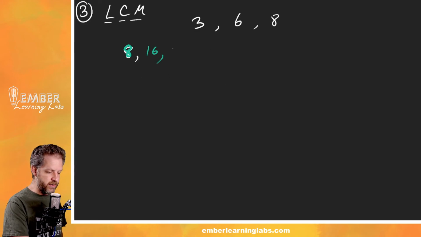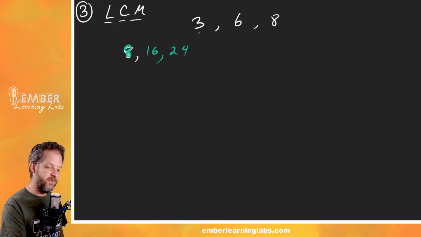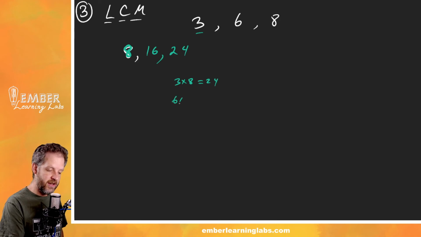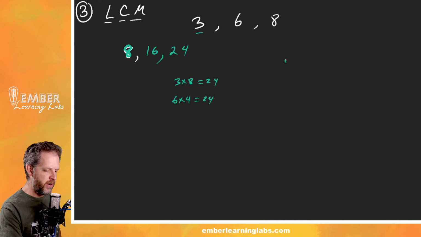What about 24? It is, because 24 is a multiple of 3, because 3 times 8 is 24. 6 times 4 is 24. So the answer to the least common multiple between 3, 6, and 8 is 24.